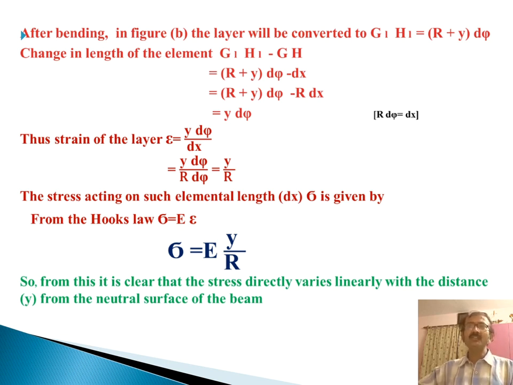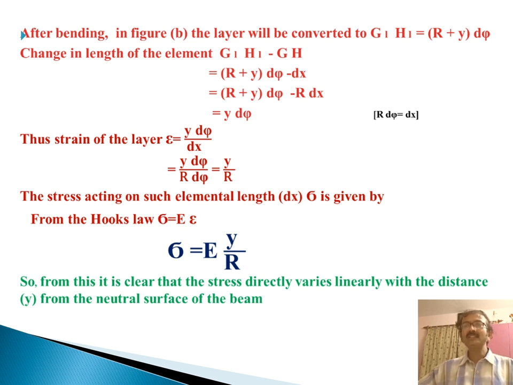The strain on that layer is the deformed length divided by the original length, so finally y by R. The stress acting on the element dx, sigma, from Hooke's law we know sigma equals E into epsilon. So finally sigma equals E into y by R.